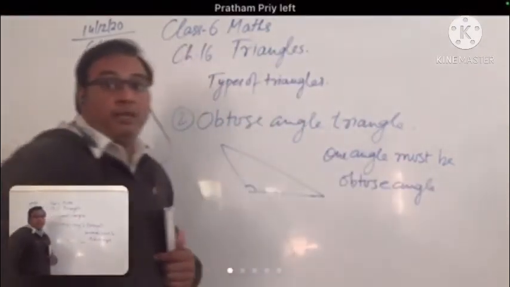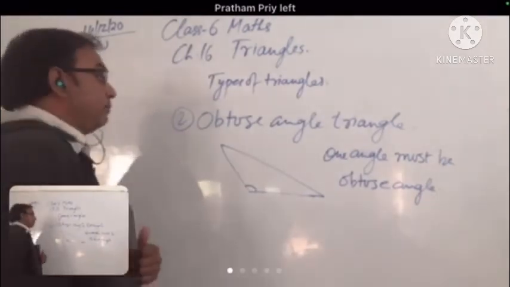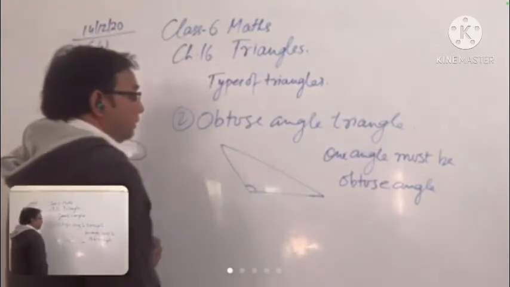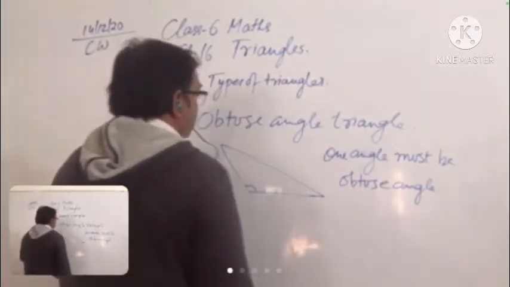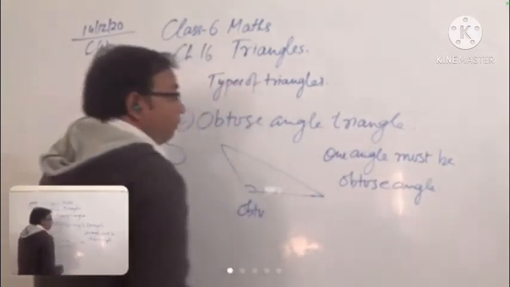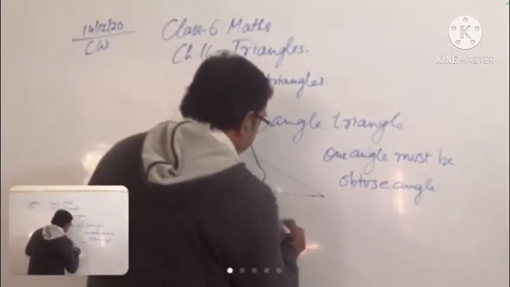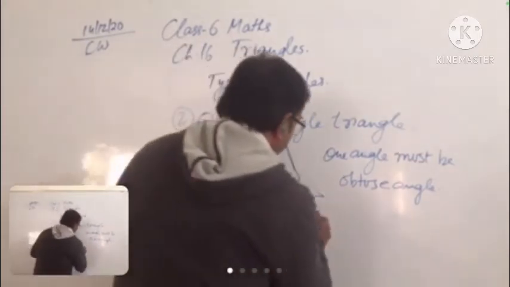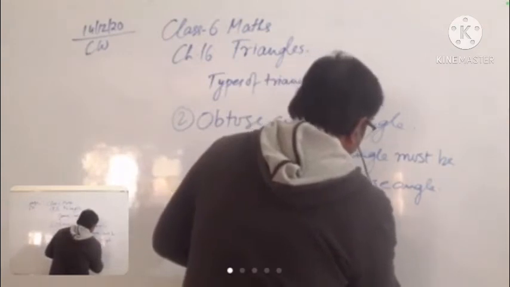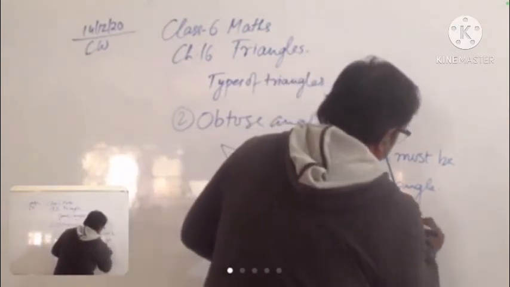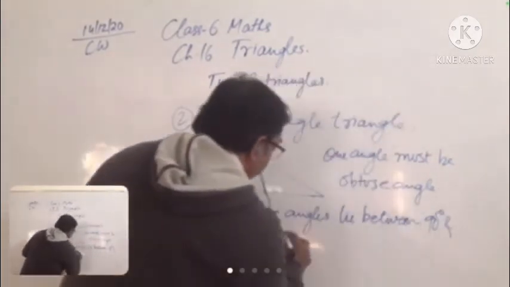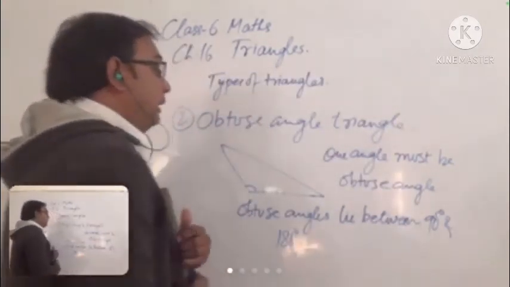An obtuse angle lies between 90 degrees and 180 degrees, means an obtuse angle is greater than 90 degrees but less than 180 degrees. So in an obtuse angle triangle, one angle must be between 90 and 180 and the other two angles are acute.